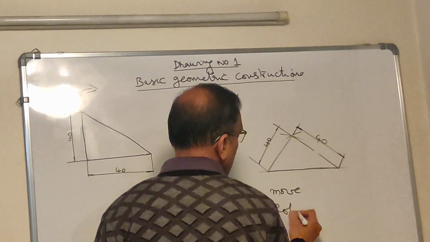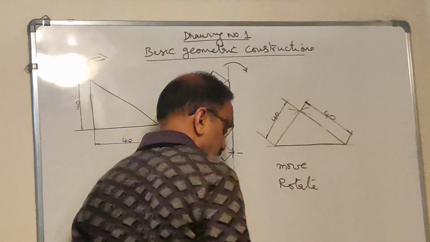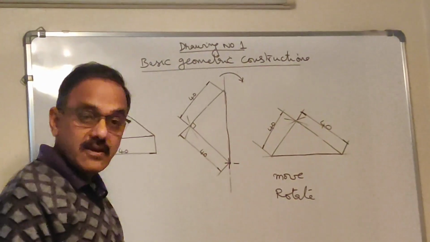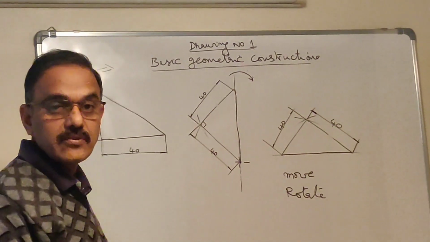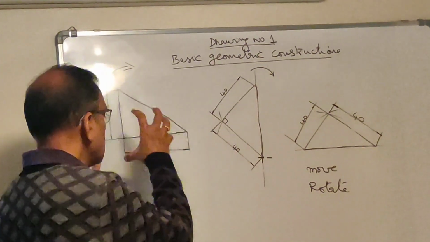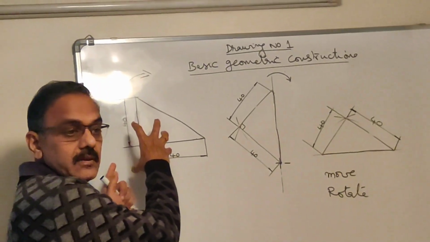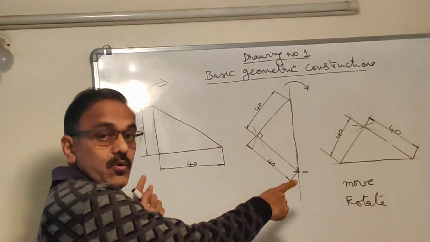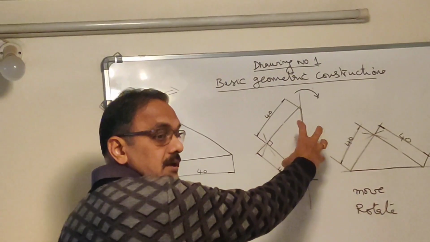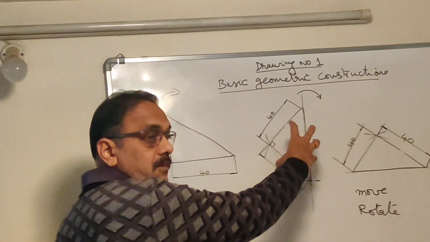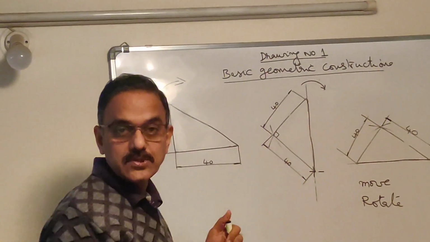Move is one command, the other command is called rotate. These are the two commands that you use very frequently when you do your drafting. So what you do is, you select this polygon, use the command move, and then you can just move it here. If you want to have a number of copies, multiple copies, you have an option.